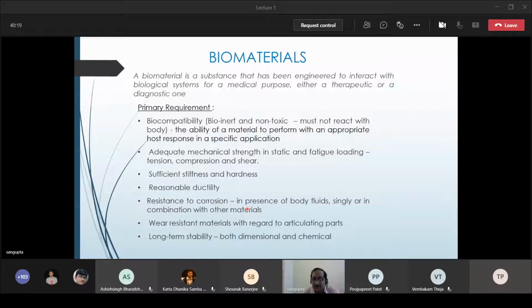Resistance to corrosion in the presence of body fluids, singly or in combination with other materials. It must be a wear-resistant material with regard to articulating parts, and it should have longevity both biochemically and dimensionally. Okay.